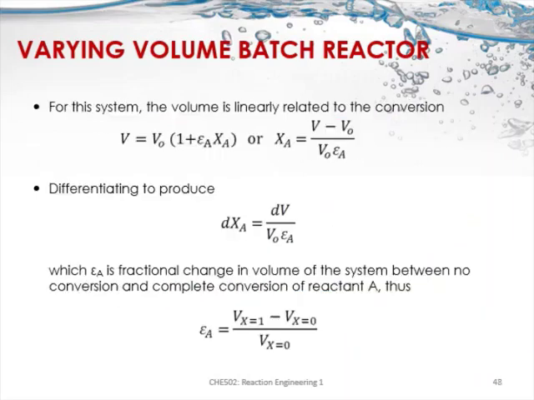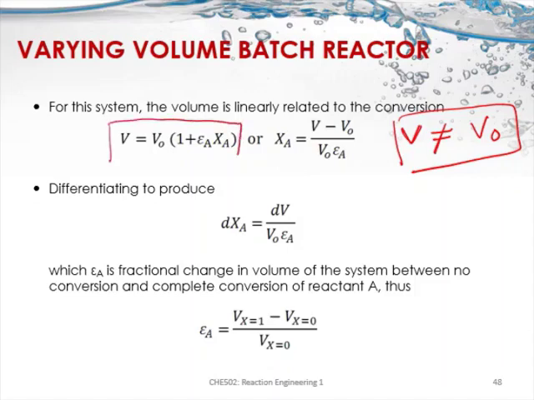So for this kind of reactor, variable volume, this is how we put it in the mathematical expression. Volume at the final, or with respect to the reaction time, is not equal to the initial volume. So if not equal, then it is equal to what? It's equal to this equation.